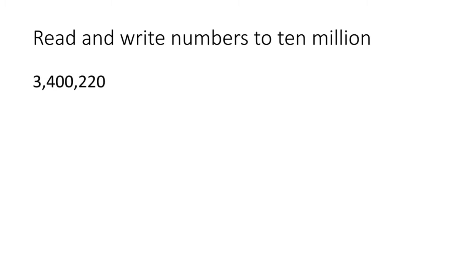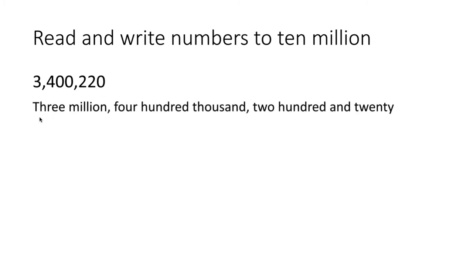Our next example. Have a look, have a think. What do you think it might be? Think about what we've got in the millions, how many thousands we've got, and how many ones we've got. We've got 3,400,220.